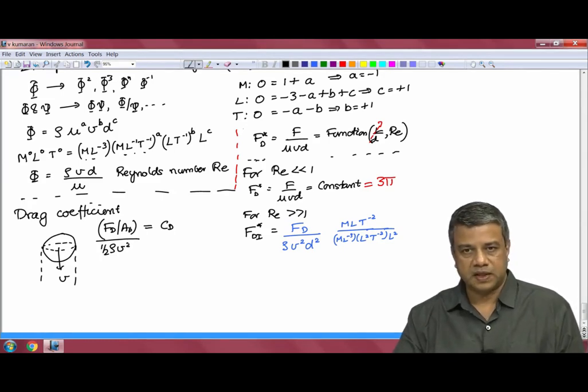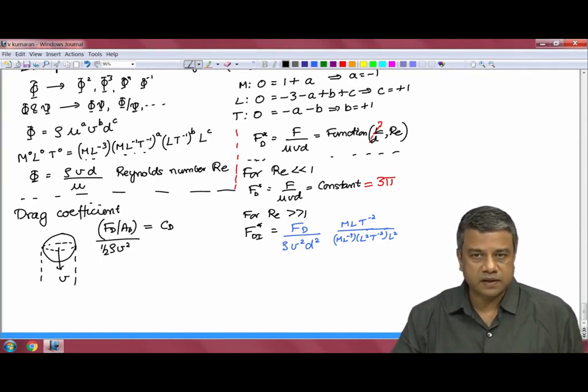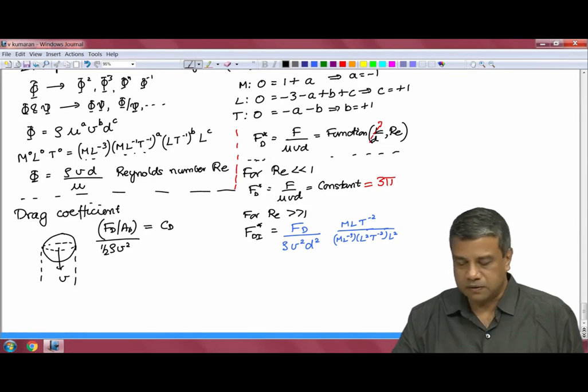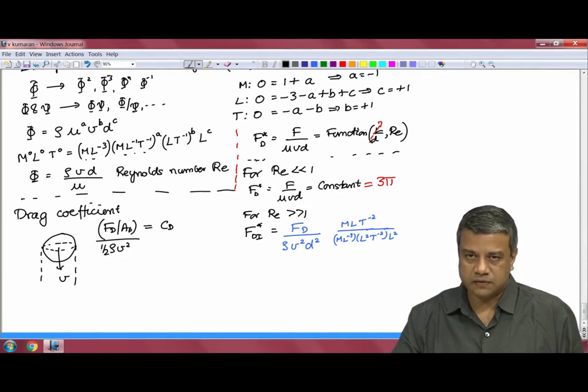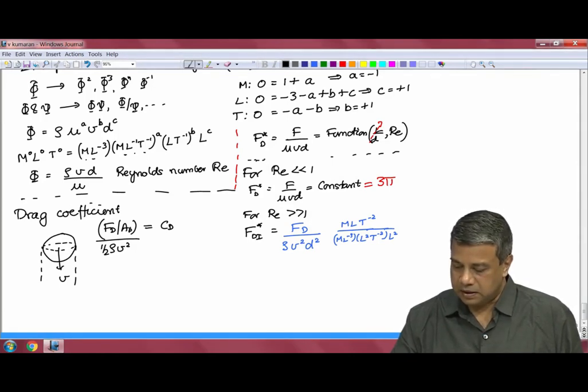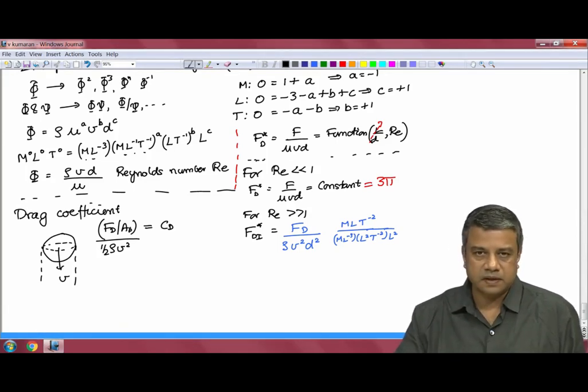Half rho v square is effectively a kinetic energy per unit volume. That is the non-dimensional drag coefficient that is defined, and the correlation for the drag force is written in terms of this.